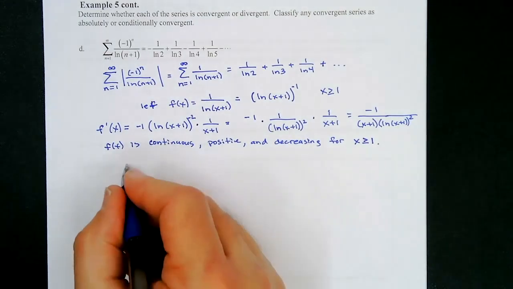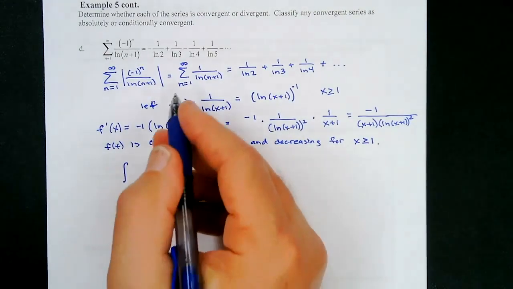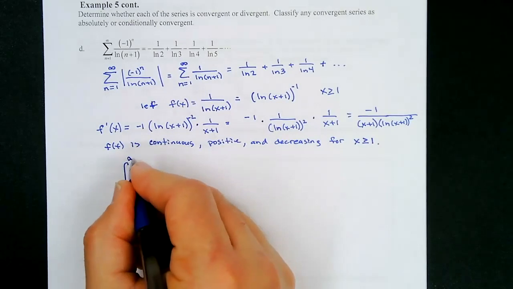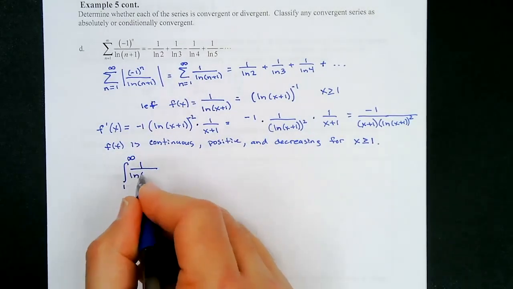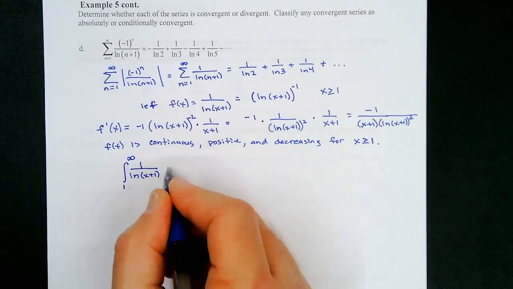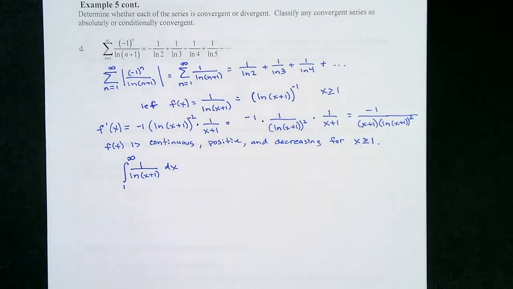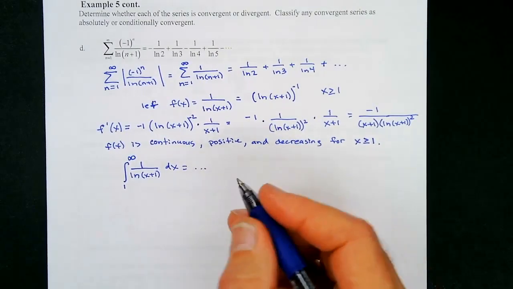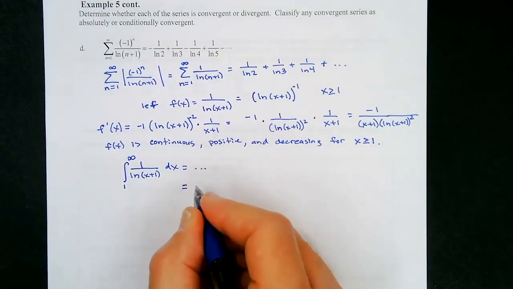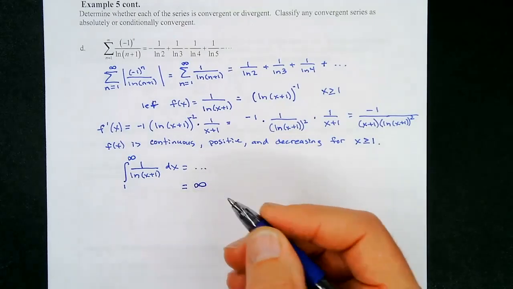Now what we're going to do is take the integral, starting at 1 and going to infinity, of our function, which is 1 over ln of x plus 1 dx. Here I'm not going to actually do the integration. If we worked it out, this integral would turn out to be infinity.